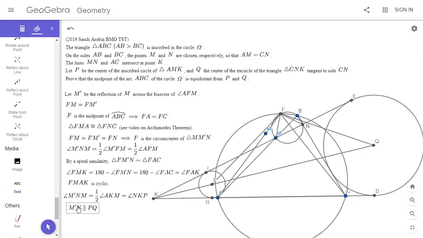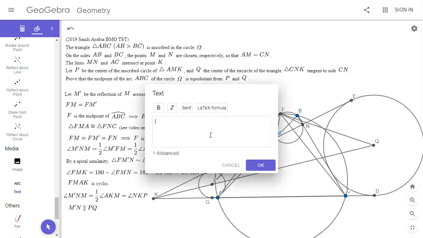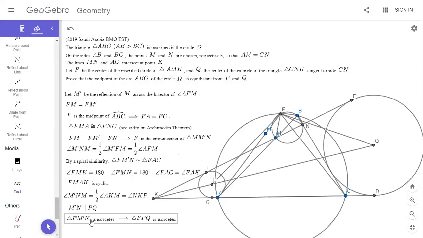Yeah, so all right. And so that means that FP equals FQ.